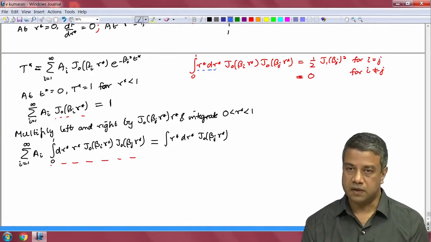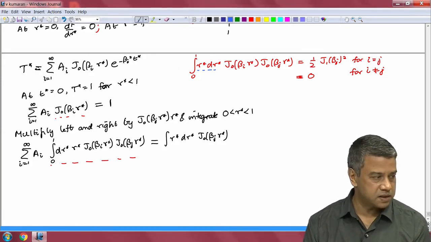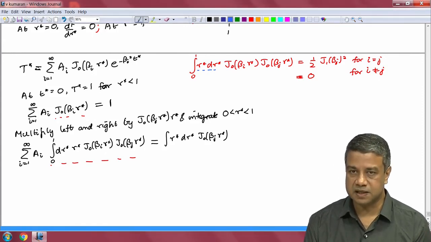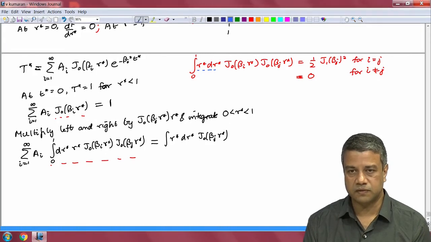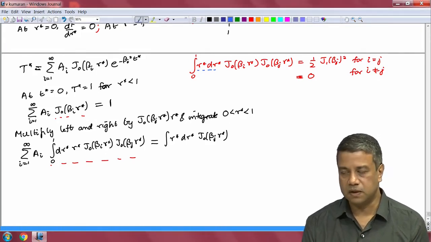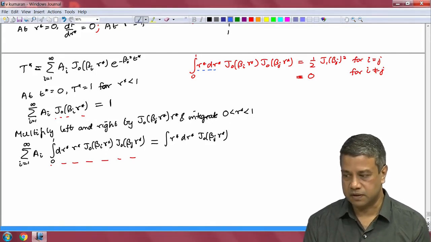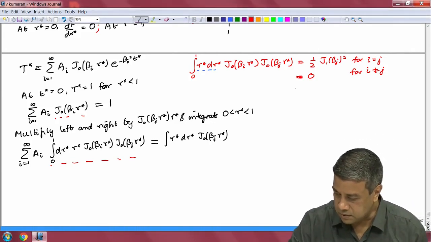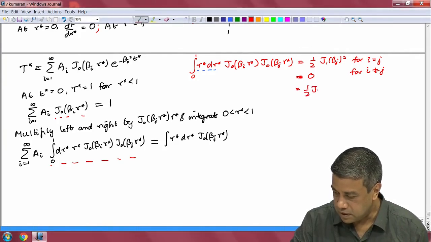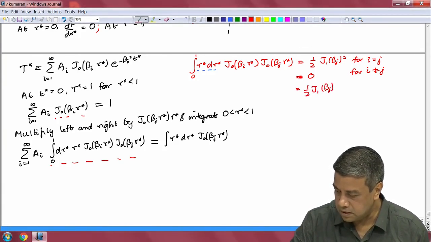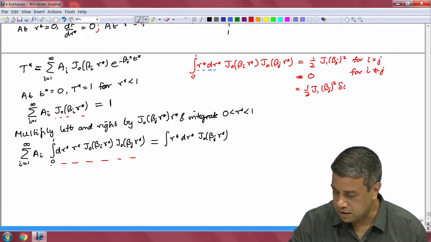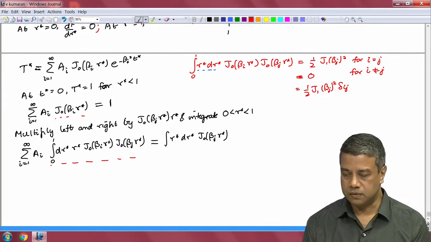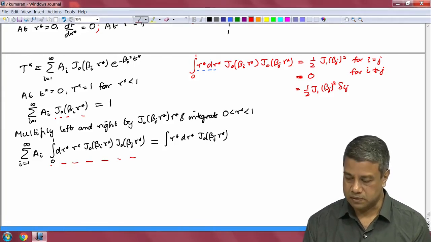If you recall, when we did it for a Cartesian coordinate system, the cos function satisfied the orthogonality when we multiplied by dx and integrated. When we multiplied two different cos functions and integrated, we got something proportional to the delta function. So, this can alternatively be written as half j 1 of beta j the whole square times delta i j, where delta i j, the Kronecker delta, is equal to 1 if i is equal to j and 0 otherwise.